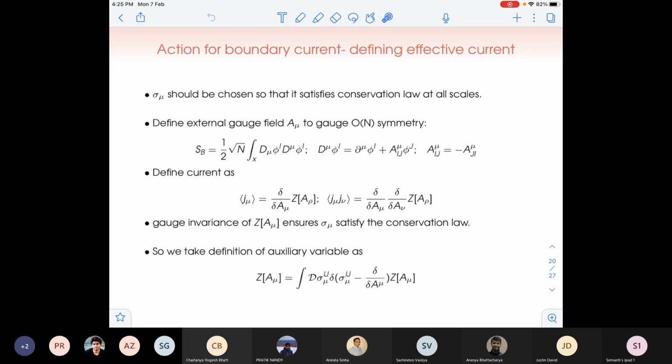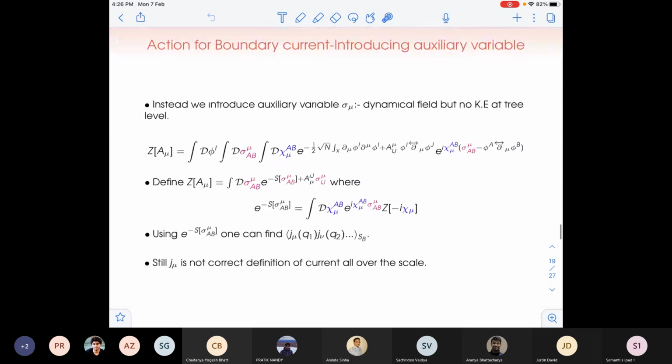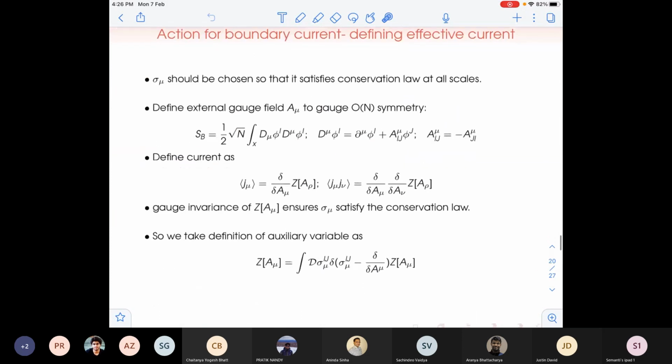If we use this definition, from gauge invariance of Z A mu one can always ensure that sigma mu satisfies the conservation law. So we take the definition of Z mu this way. We are considering this operator, but Z here is defined by this.